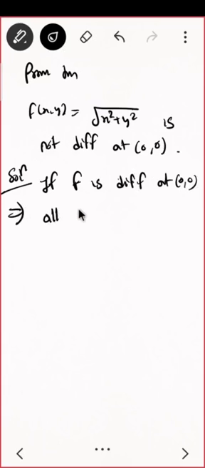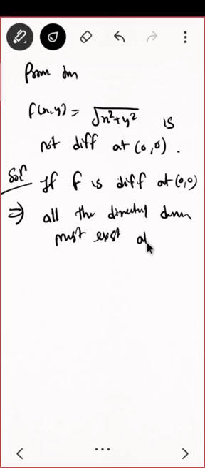All the directional derivatives exist along every u. You take any u, all the directional derivatives exist. We'll prove that this does not happen for some u.